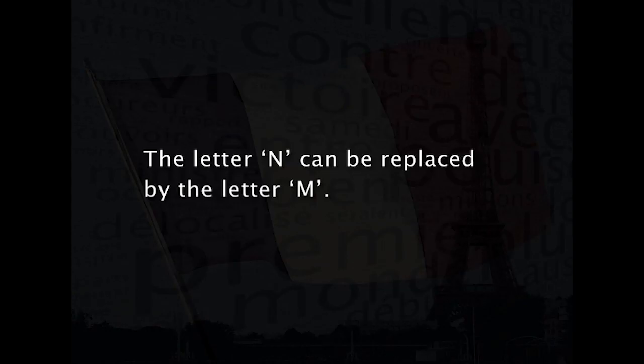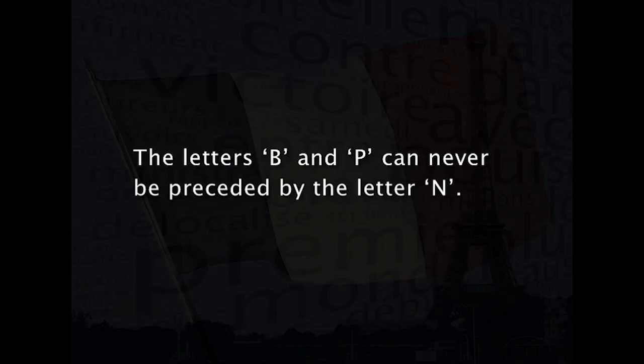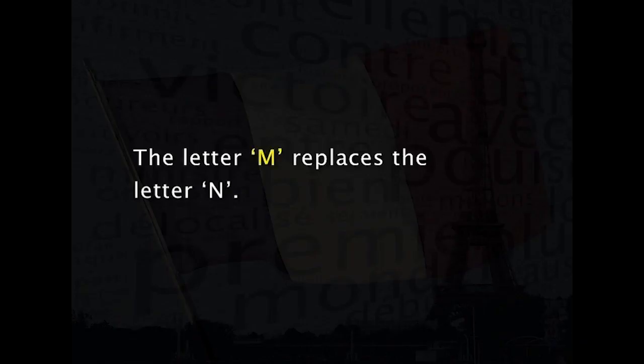Sometimes this nasal sound can have a slight variation in its written form. The letter N can be replaced by the letter M. The reason behind this change of spelling is that in French, the letters B and P can never be preceded by the letter N. So when there is a nasal sound before these two letters, the letter M replaces the letter N. This change in spelling, however, does not alter the pronunciation.